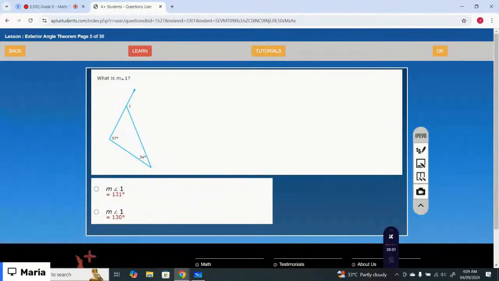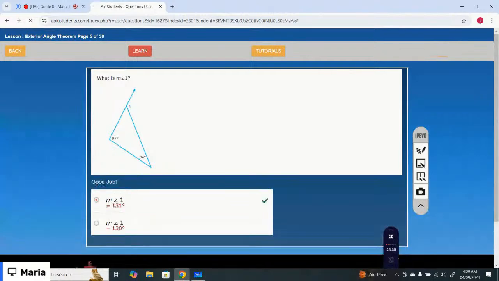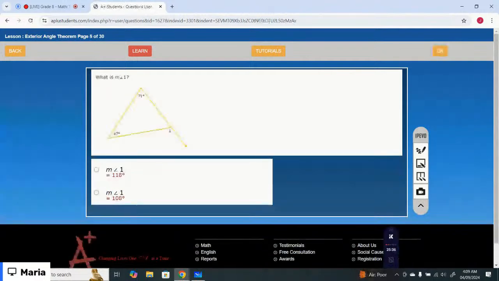The correct option is, yes, that is 131 degrees. Option number 1 is the correct option. Okay, what is the measurement of angle 1, which is the correct option?